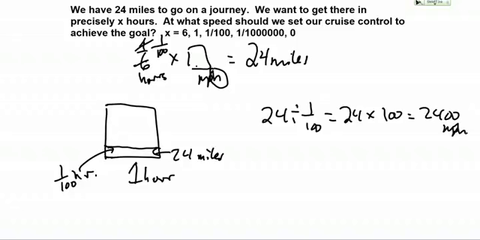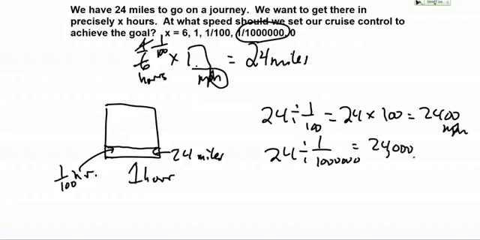In the same sense, for 1/1,000,000th of an hour, we're going to have to go 24 million miles every hour that goes by. That might be slightly impossible on the Earth, but who knows? But that's what the mathematics tells us to do.